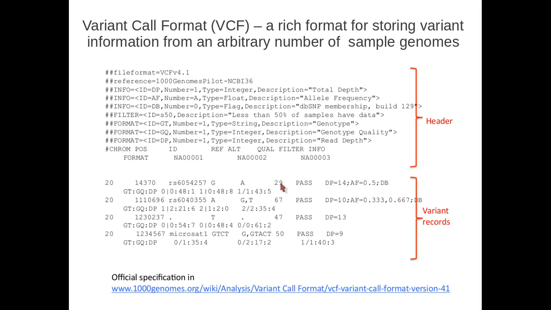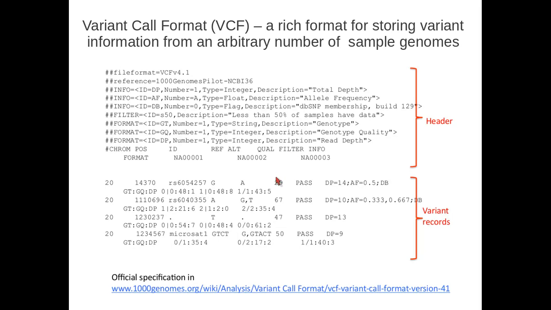Here's the quality. This is a Phred-scaled quality that there is a variant at this position. A 30 is 1 in 1,000 roughly, so 29 is roughly a 1 in 1,000 probability that this is actually an error. This PASS refers to the filter.